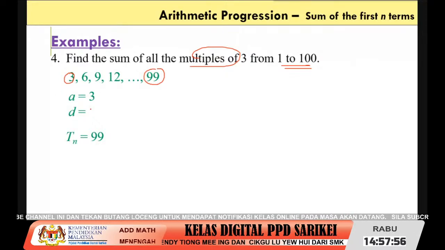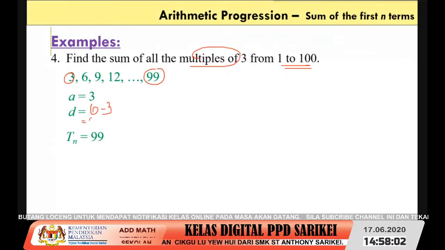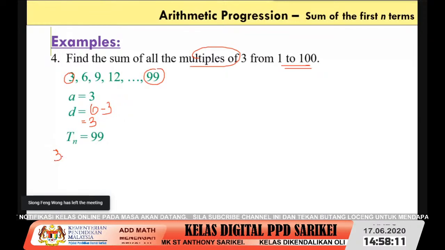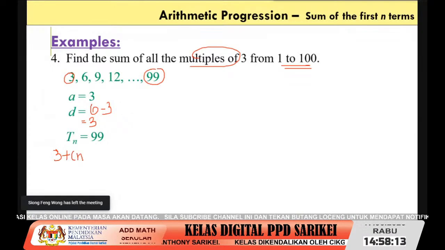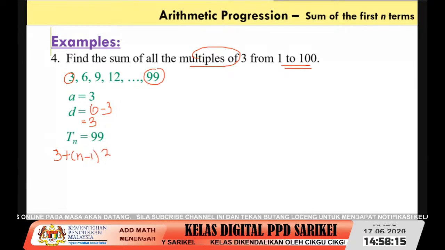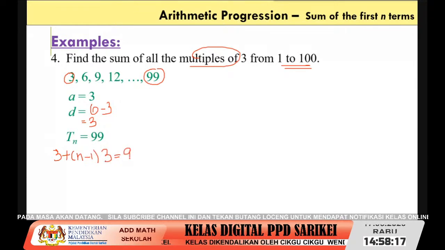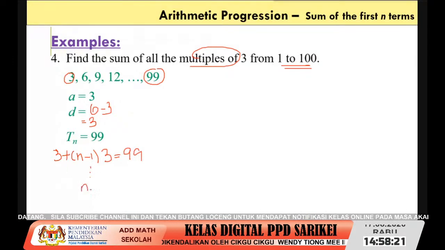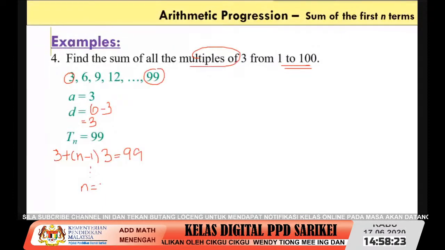The common difference is 6 minus 3 equal to 3. If we want to find the number of terms, we will use the last term. So Tn equal to a plus n minus 1 times d, that is 3, equal to 99. So finally, your n equal to 33.